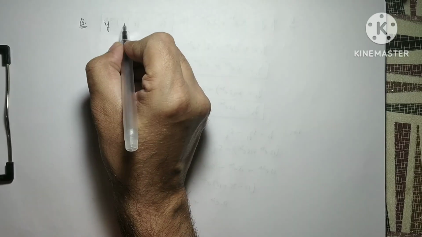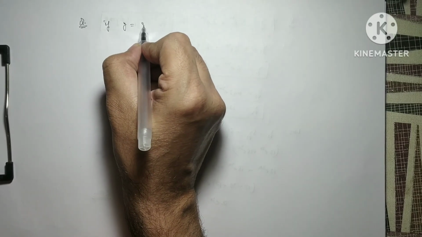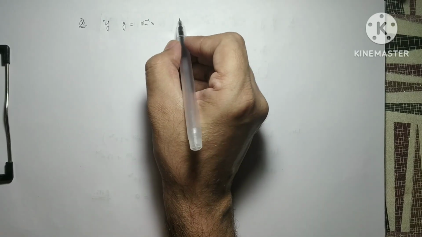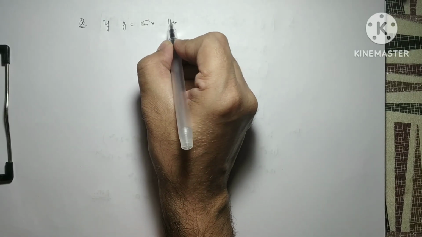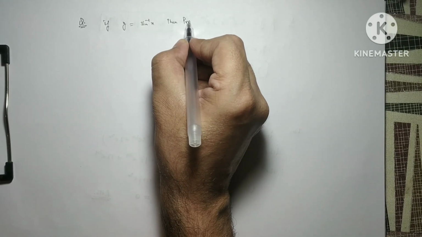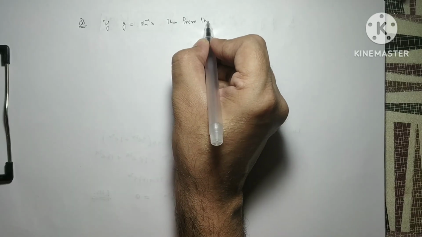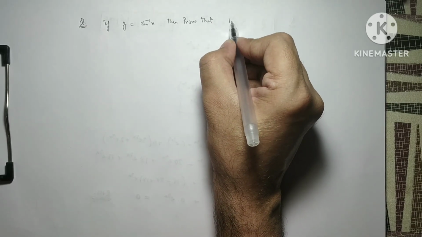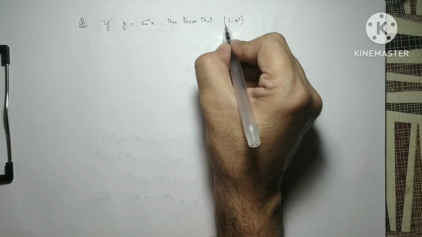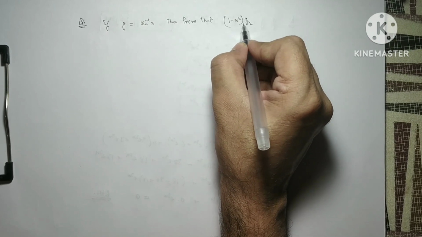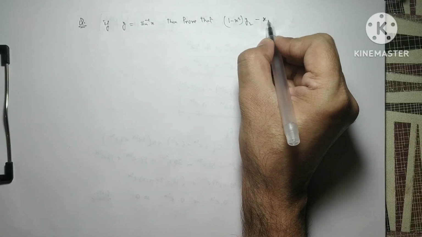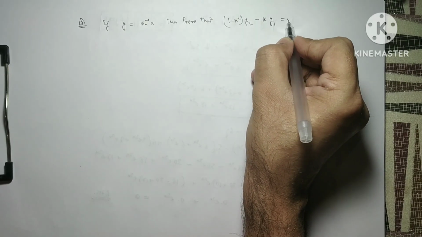If y equals sine inverse x, then prove that one minus x square into y2, or second derivative, minus x into y1 equals 0.